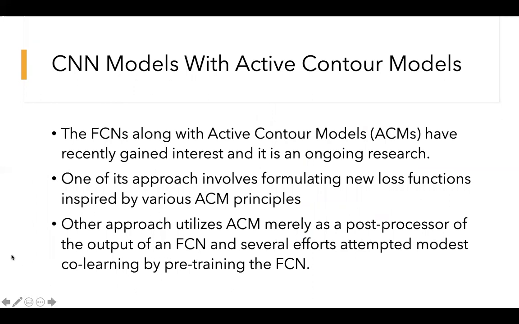Lastly, we have CNN models with active contour models. The FCNs along with ACMs have recently gained interest, and it's ongoing research. One approach involves formulating new loss functions inspired by the various ACM principles, whereas the other approach utilizes ACM merely as a post-processor of the output of the FCN, and several efforts attempted modest co-learning by pre-training the FCN.